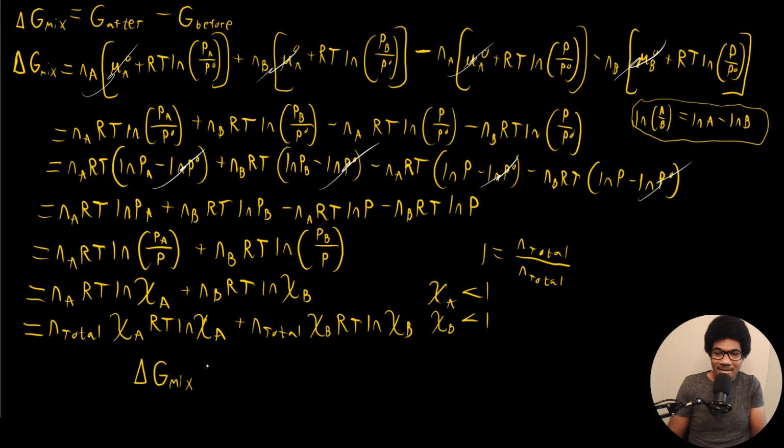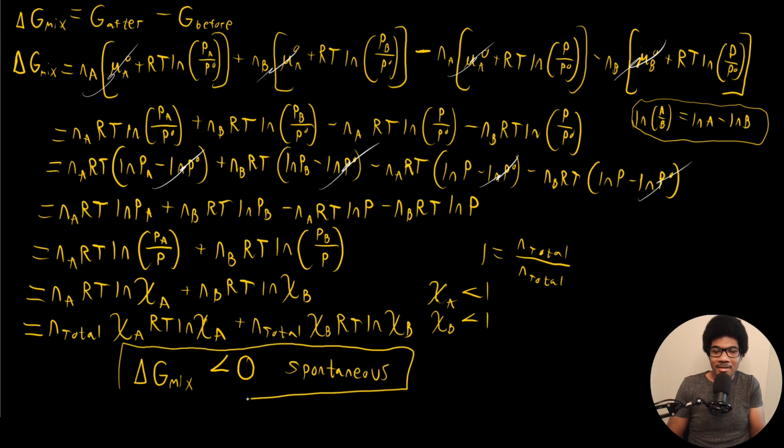So the delta G of mixing is always less than 0, which means it's always spontaneous. By getting down to this expression that depends on the mole fraction of both components, we can show explicitly that the Gibbs energy of mixing for ideal gases is always a spontaneous process.